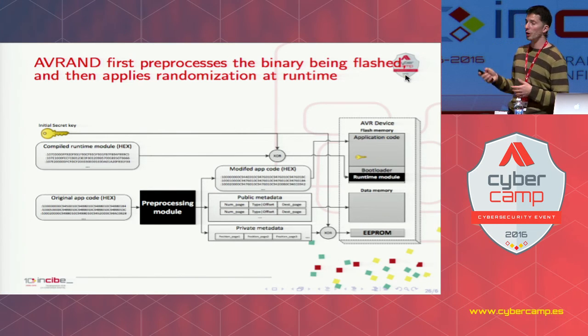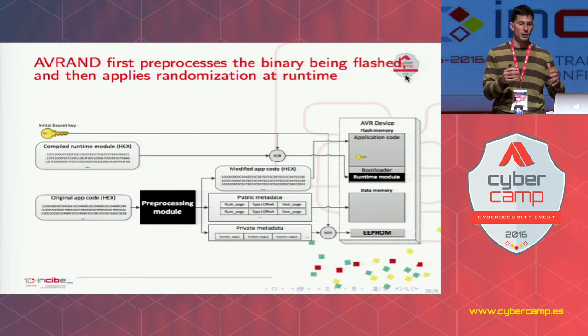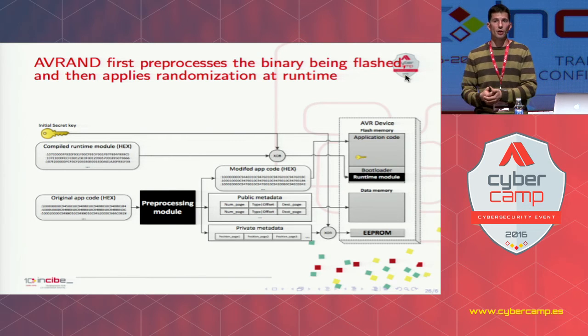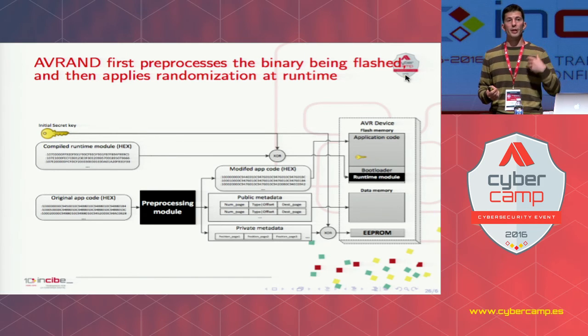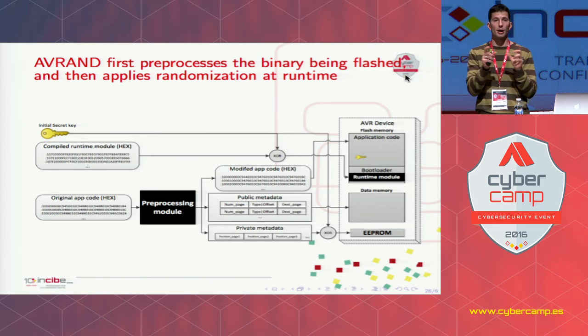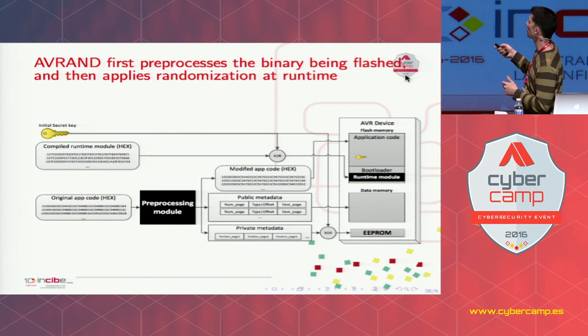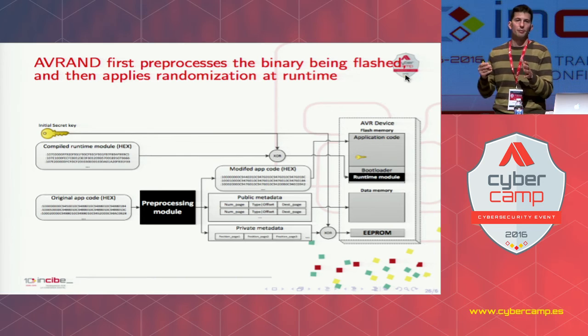This is Intel HEX format. We have a preprocessing module that is run beforehand on a computer, and it takes information on where every pointer and every function is, because that will be necessary later on. So there is a preprocessing module that gathers some metadata.